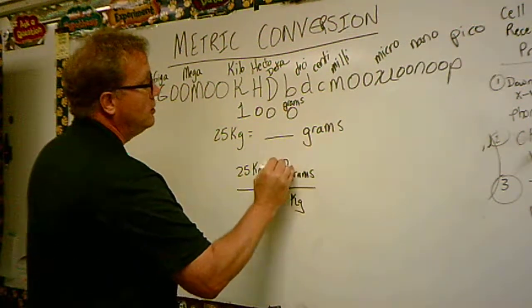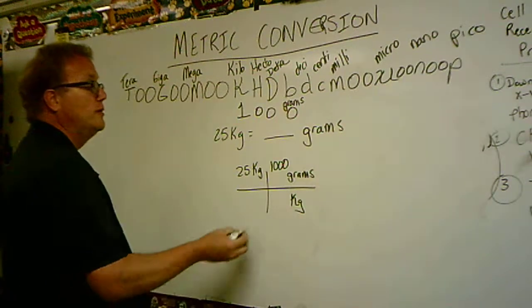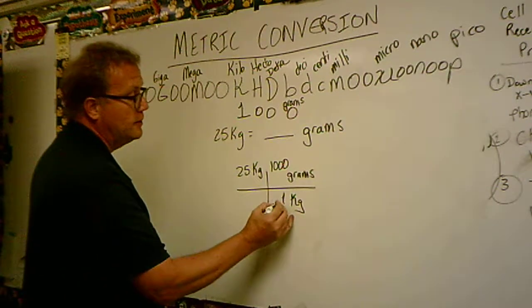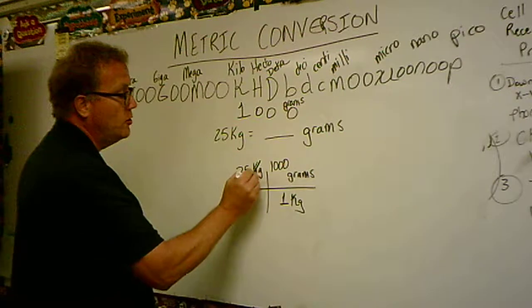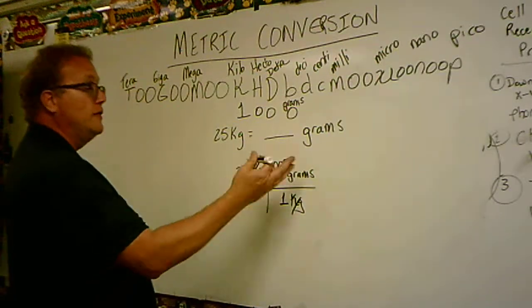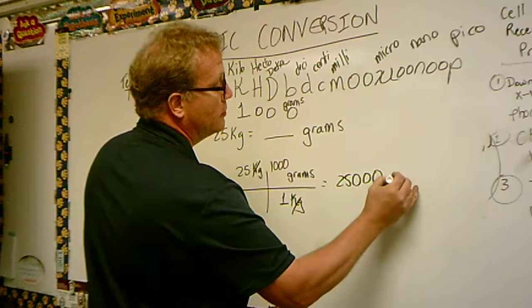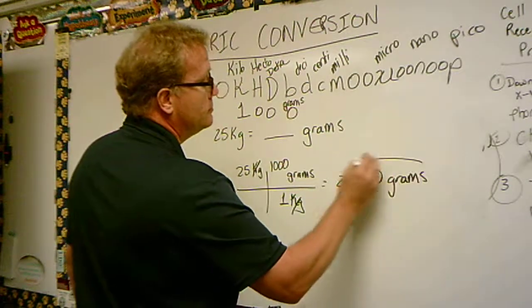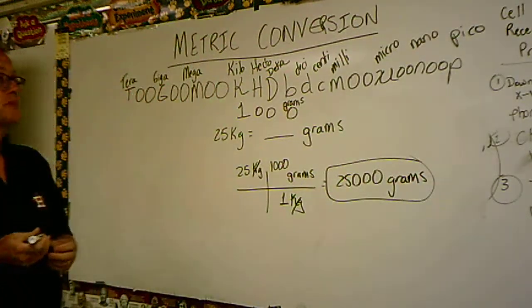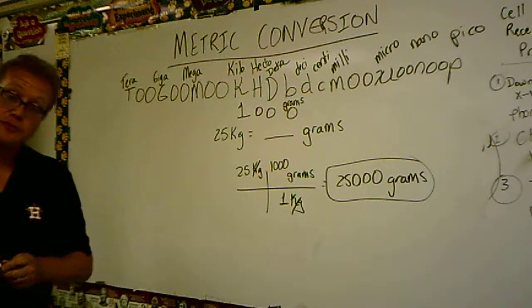And we go 1,000 grams, big one, kilograms. We go cancel, cancel, then I multiply. And we got 25,000 grams. So if you notice, metrics are pretty easy.